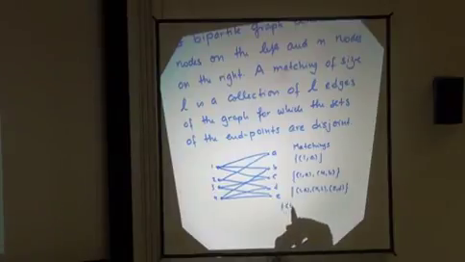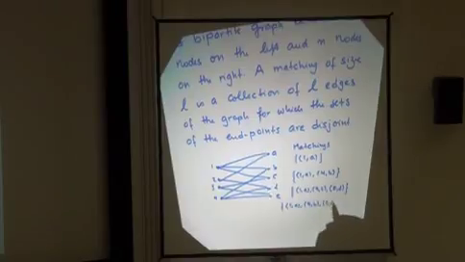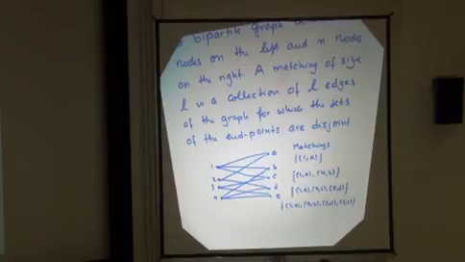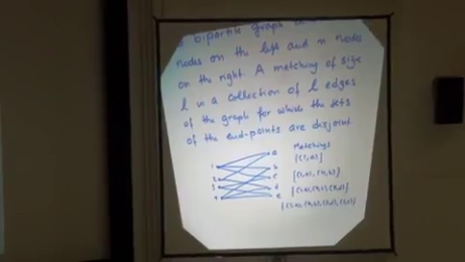So that's a matching of size 4. Is there a matching of size 5? Impossible, absolutely impossible, because if you had a matching of size 5, there would be two edges with the same endpoint on the left-hand side, because there are only 4 points on the left. So impossible. So this is, for example, a maximal matching.